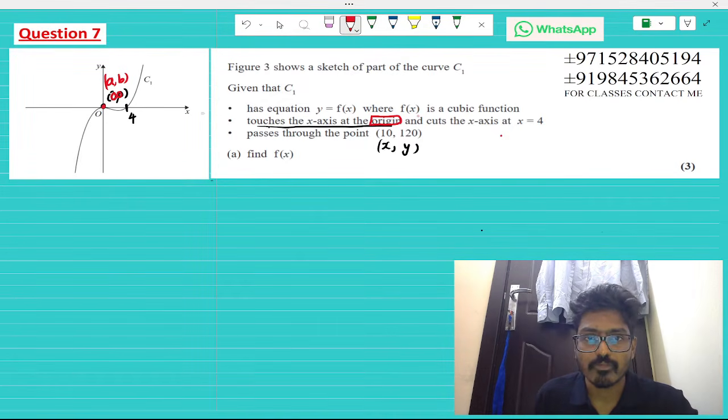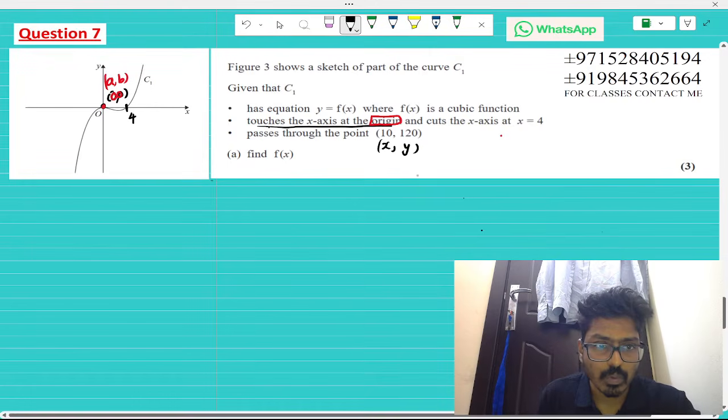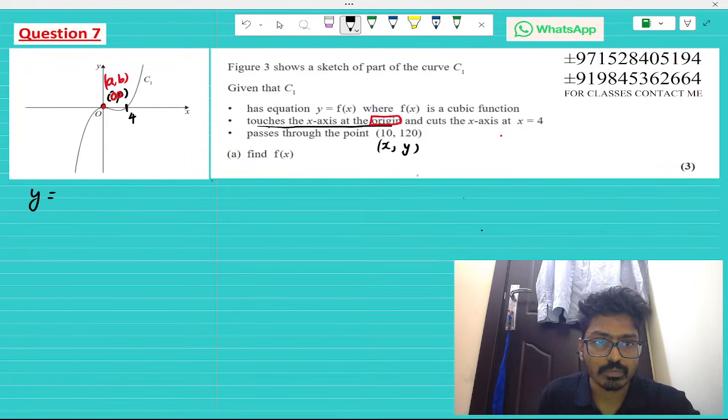So now we have to find f of x. Since the curve is cubic, we know the general equation of a cubic is y equals a times (x minus a)(x minus b)(x minus c). We know that the a value is 0, the b value is 0, and the c value is 4.